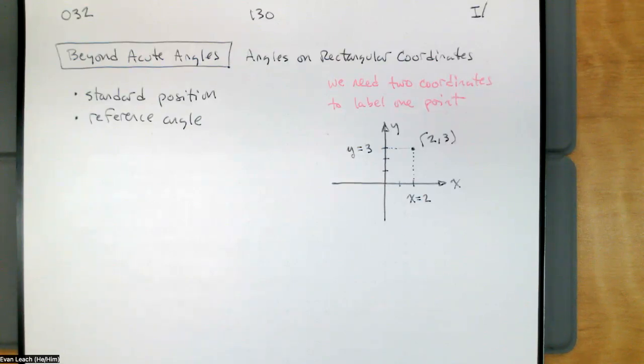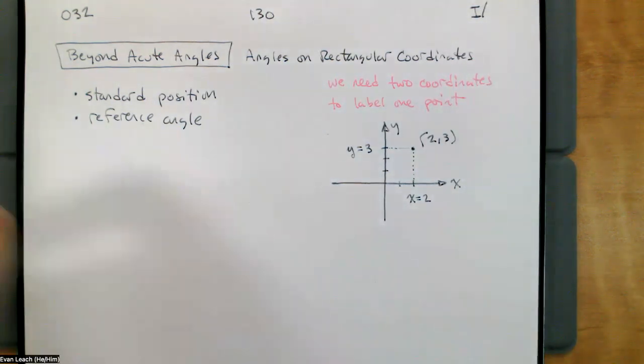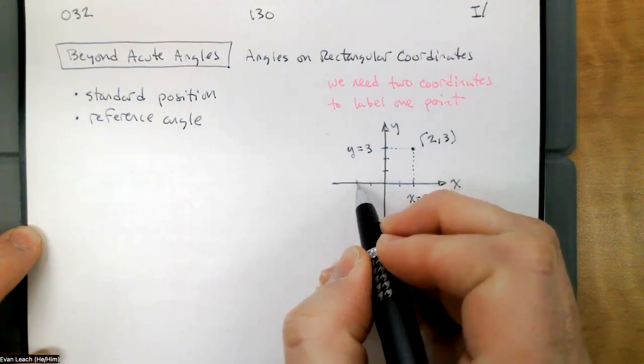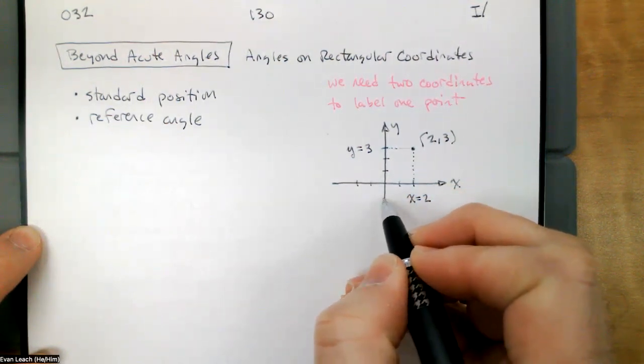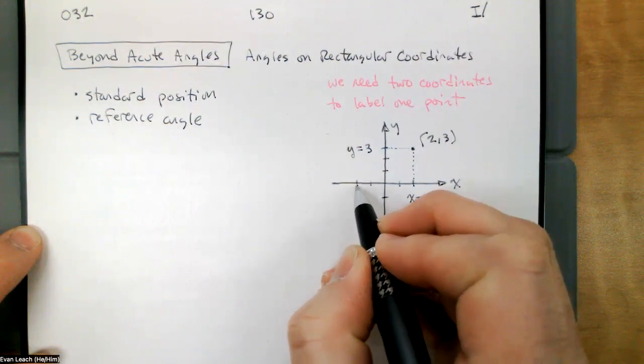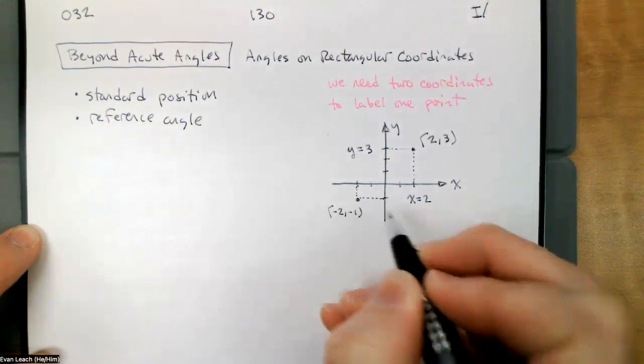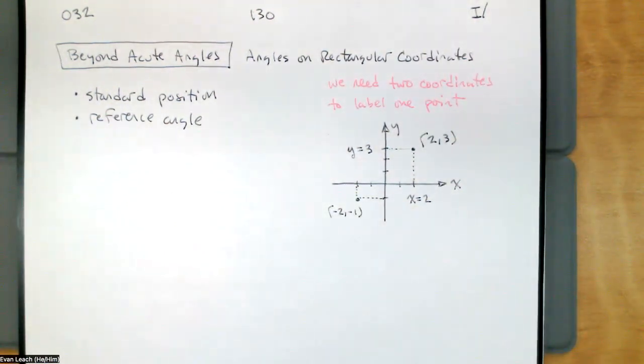So we just have these two perpendicular number lines, crossing at the 0 of each number line. There's a positive side and a negative side. So if I have the point (-2, -1), we just go to -2 on the X and -1 on the Y. We're familiar with this, we use it in addresses as well.